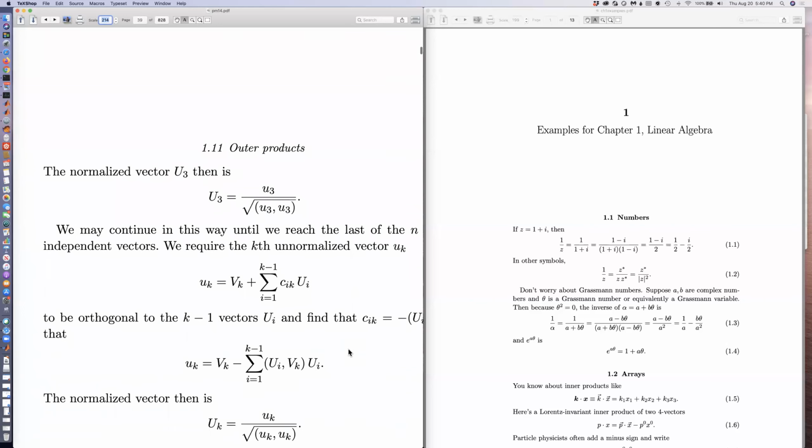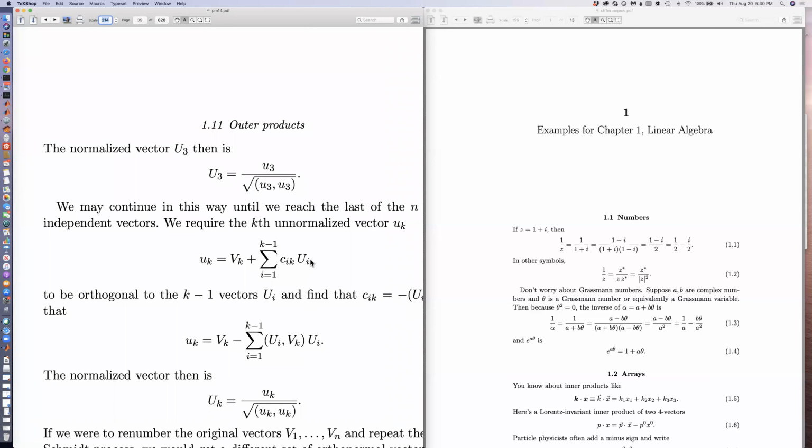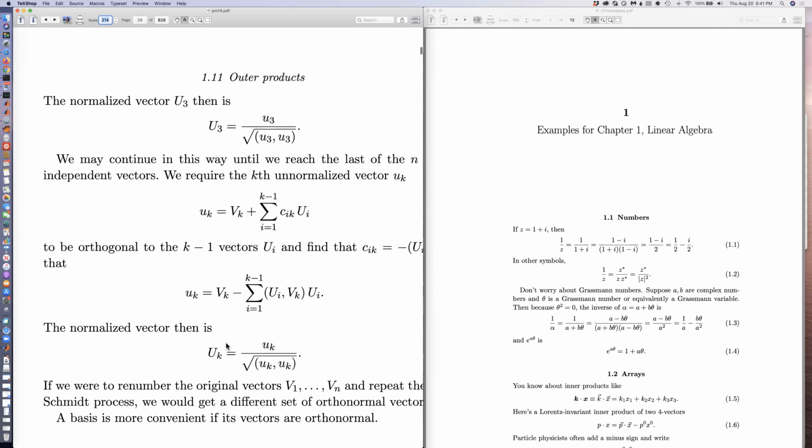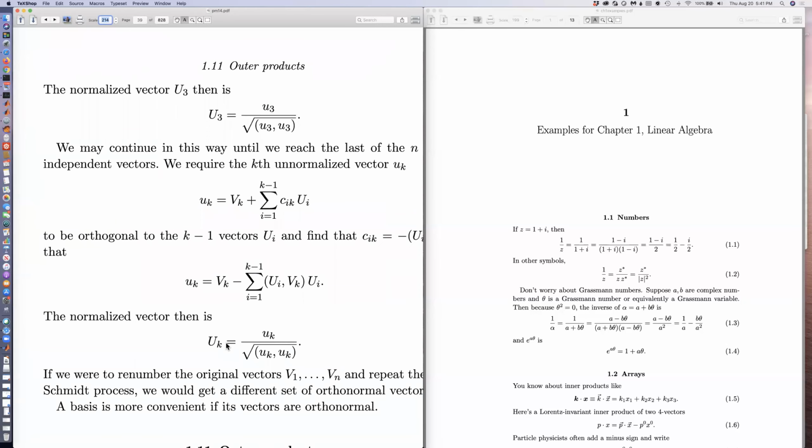And as we continue in this way, we then have, let us say, K minus 1 orthonormal vectors UI. We set UK equal to VK plus those. We require it to be orthogonal to all the first K minus 1 capital U's, and that then gives us the coefficients.